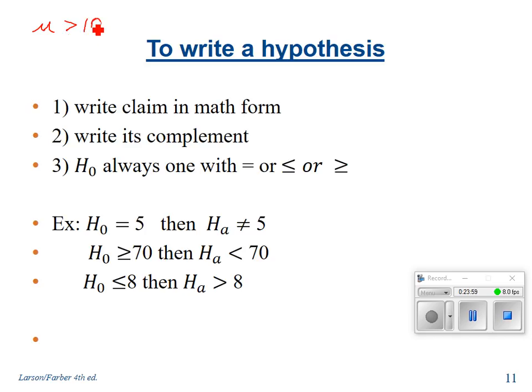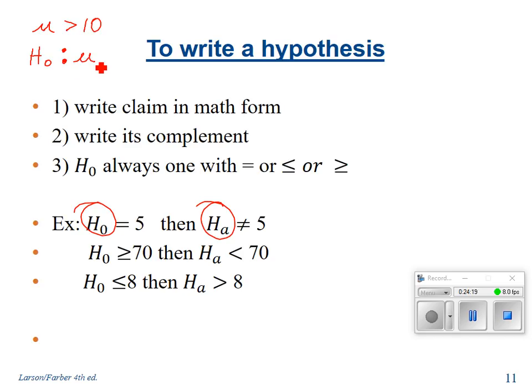And what we have to do is write the null and the alternative hypothesis. So first we write the null. Is this going to be the null? It's got to have the equal to sign in it, right? So what's the complement of mu is greater than 10?